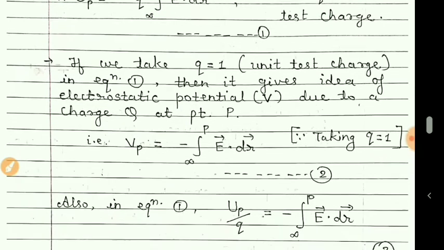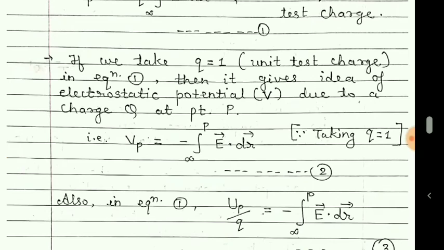So considering this charge Q as a test charge, and its value is 1 unit, means we can say that its value is 1 coulomb.